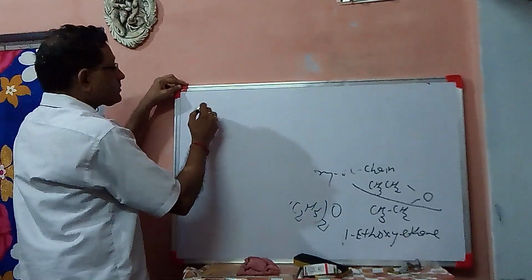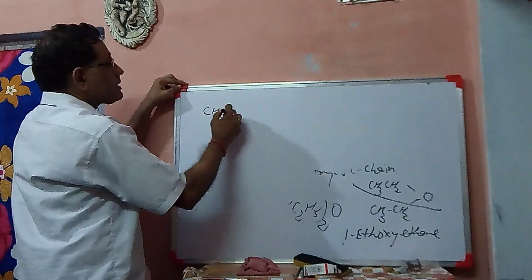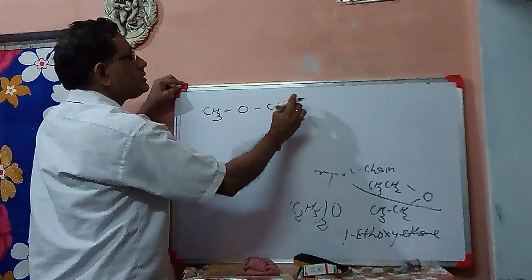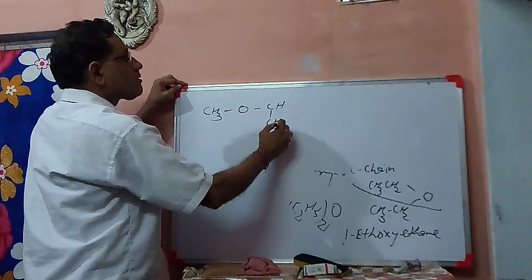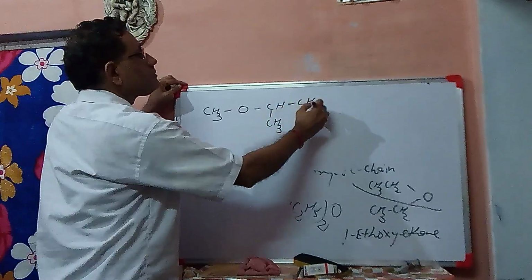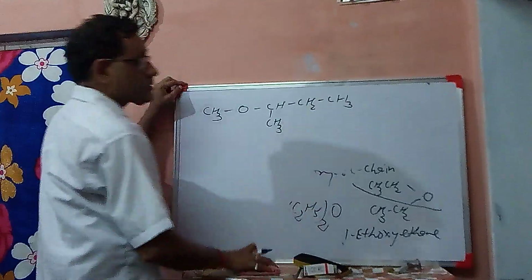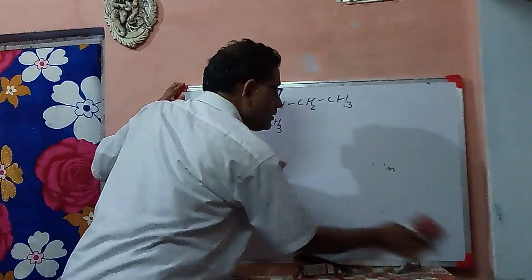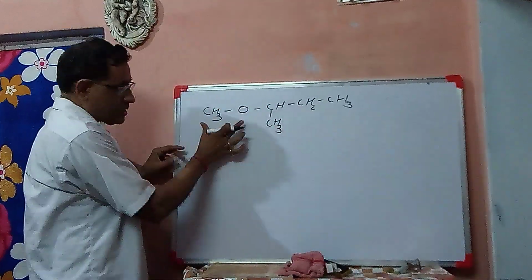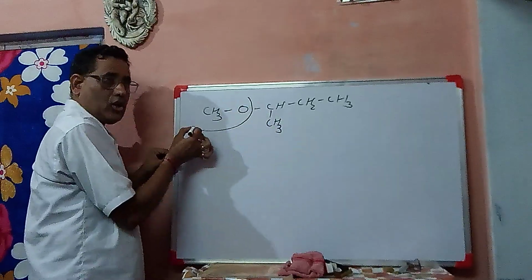Now we go to the next example. Suppose taken CH3-O, now see here, it is a shorter chain, methoxy group.